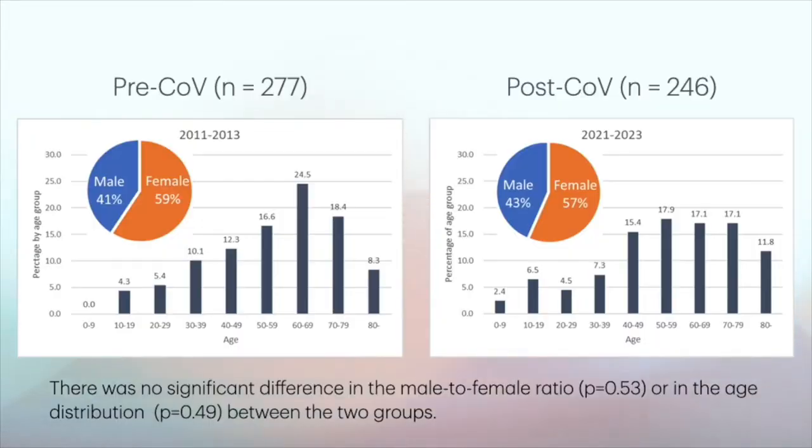There were 277 patients, 113 males and 164 females, diagnosed with uveitis between 2011 and 2013, and 246 patients, 107 males and 139 females, diagnosed between 2021 and 2023. There was no significant difference in the male-to-female ratio or in age distribution between the two groups.